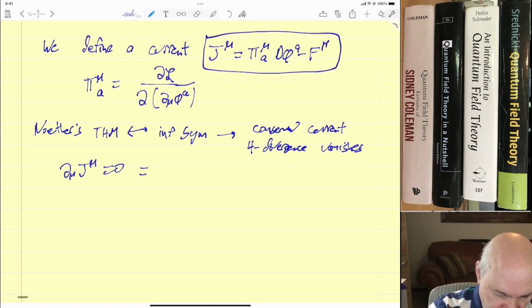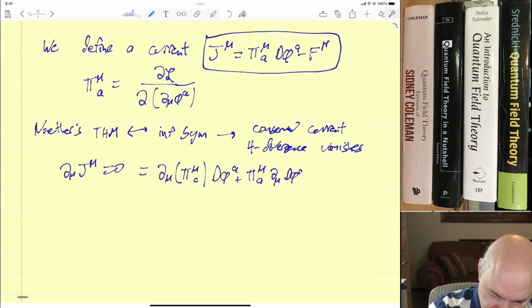So this is equal to the partial of mu, pi mu a d phi a plus pi mu a partial of mu d phi a, minus the partial of mu f mu.